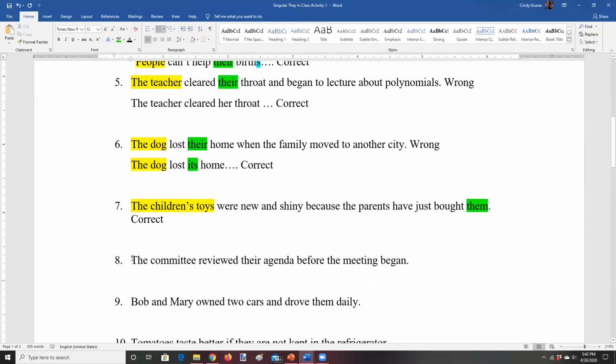The committee. Here we have what's called a collective noun. It's a noun that is grammatically singular. We can see there's no S, and yet there's obviously by definition more than one person on the committee. There may be 10, 20, 100 people on the committee, and so a collective noun is a noun that even in its singular format implies plurality.